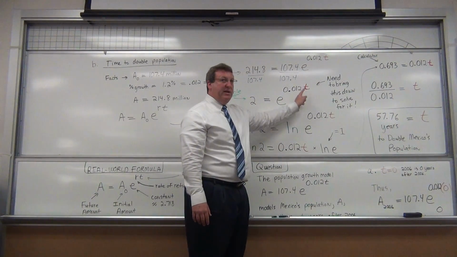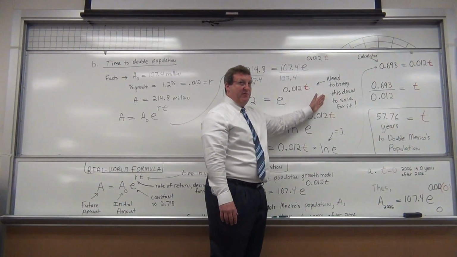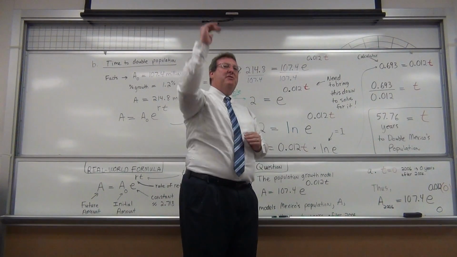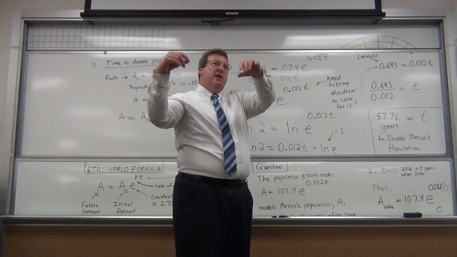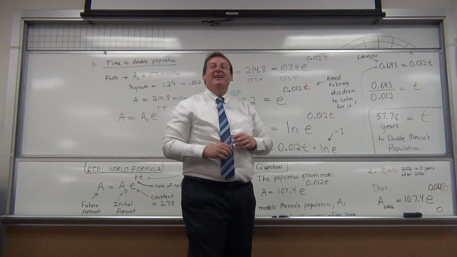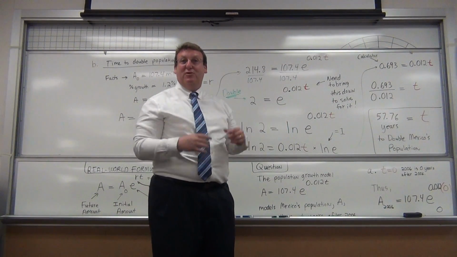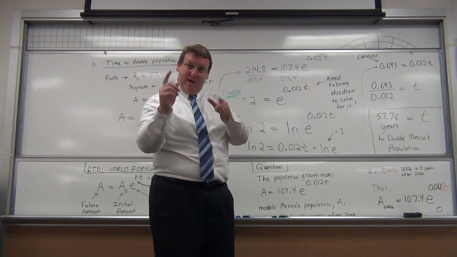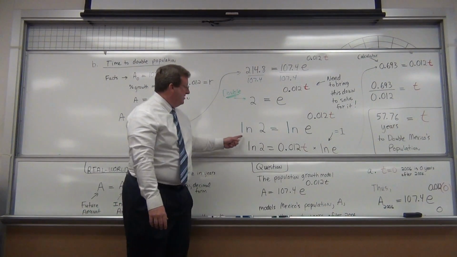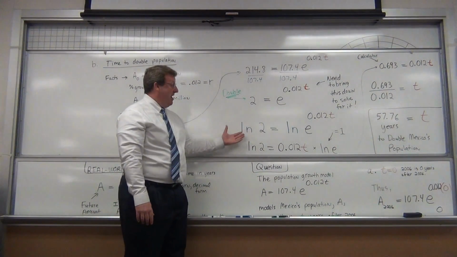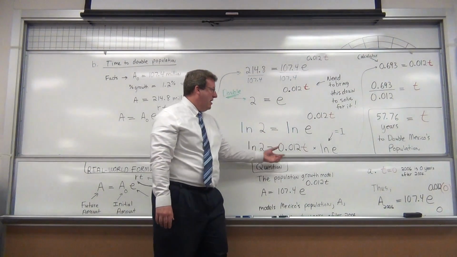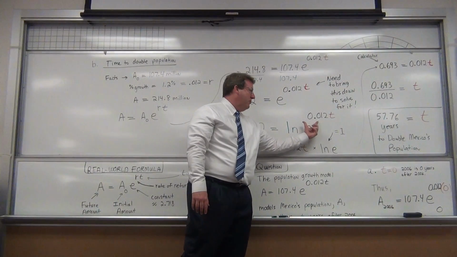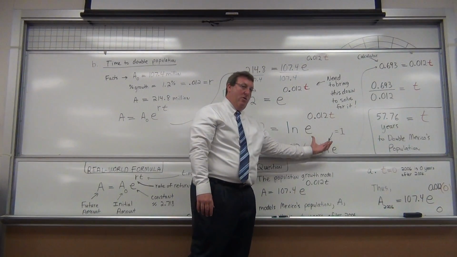Now again, we need to bring this t down to our level to solve for it. So how do you bring an exponent down? Do you remember anything in your mathematical tools that allows you to bring an exponent down? Yes, taking the logarithm or the natural logarithm of both sides and using the power property. So look at this. I'm taking the natural log of 2, so do it to the left, and I'm taking the natural log of this, e to the 0.012t power.